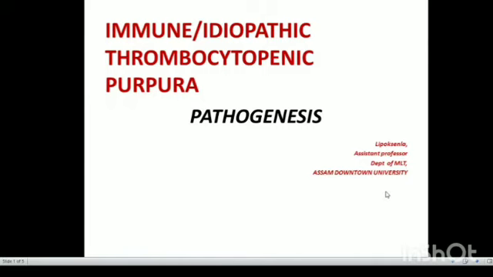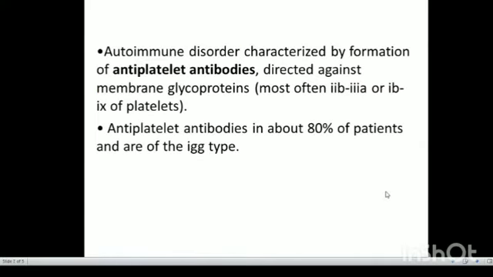As we discussed earlier, ITP is an autoimmune type of disorder characterized by the formation of antiplatelet antibodies directed against membrane glycoproteins, most often GP2B-3A and GP1B-9 of platelets.